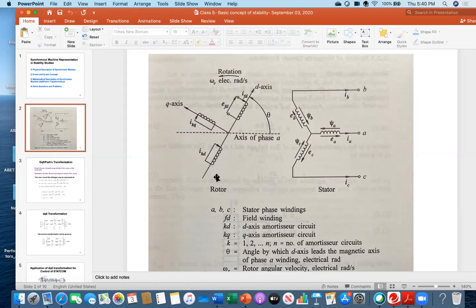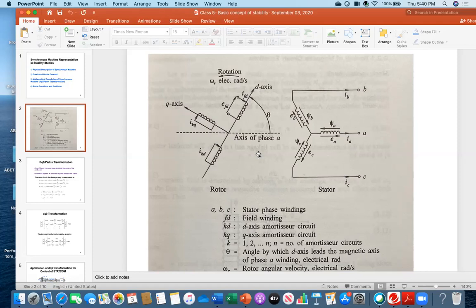So that's why the goal of this figure, placed side by side, is to establish a relationship between the rotor circuit component and stator circuit component. And then the main goal is how we can make a relationship of these three components, IA, IB, IC or VA, VB, VC, in terms of the D-axis and Q-axis component.